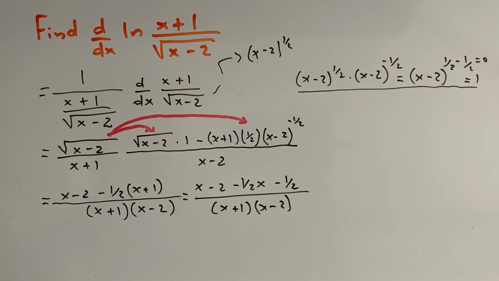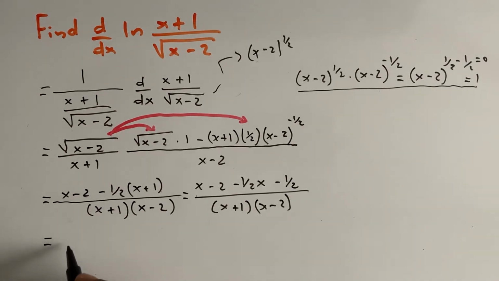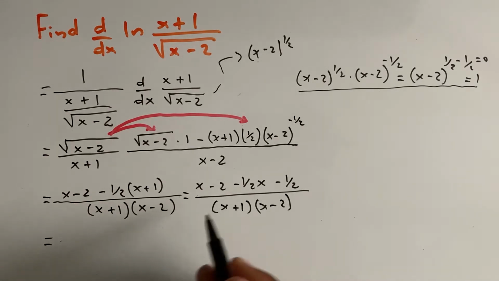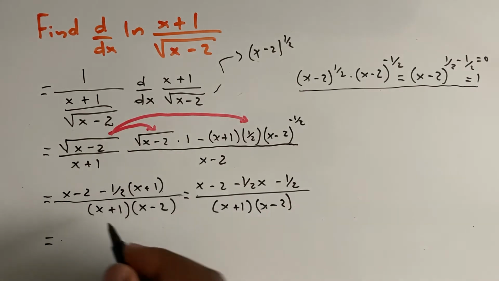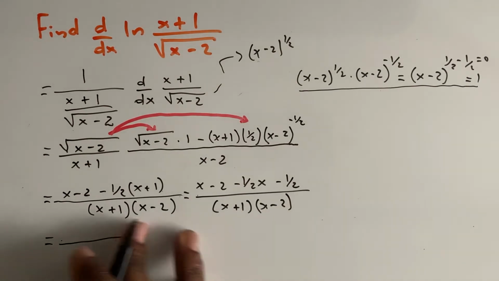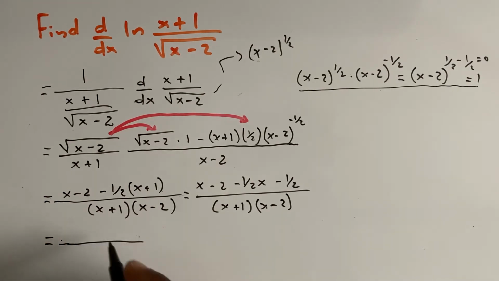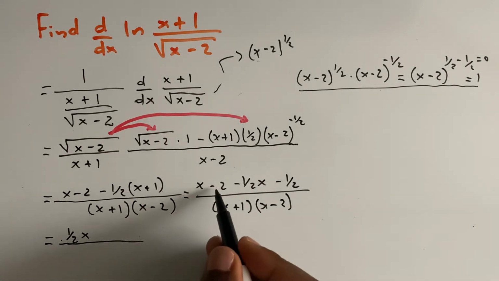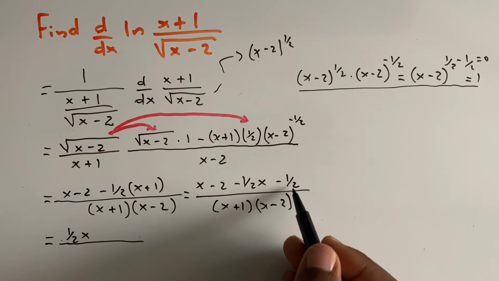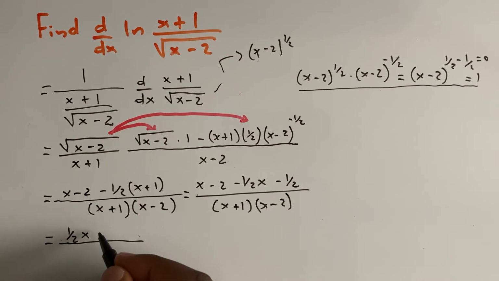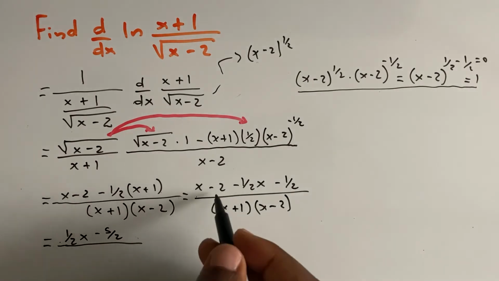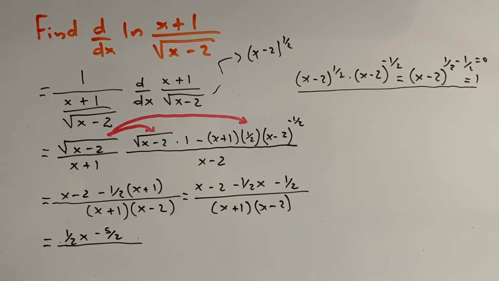We keep going and combine like terms. So 1x minus half x would be positive half x, and negative 2 minus half: the denominator is 2, so that's 2 times 2 is 4, negative 4 minus 1, negative 5 over 2.